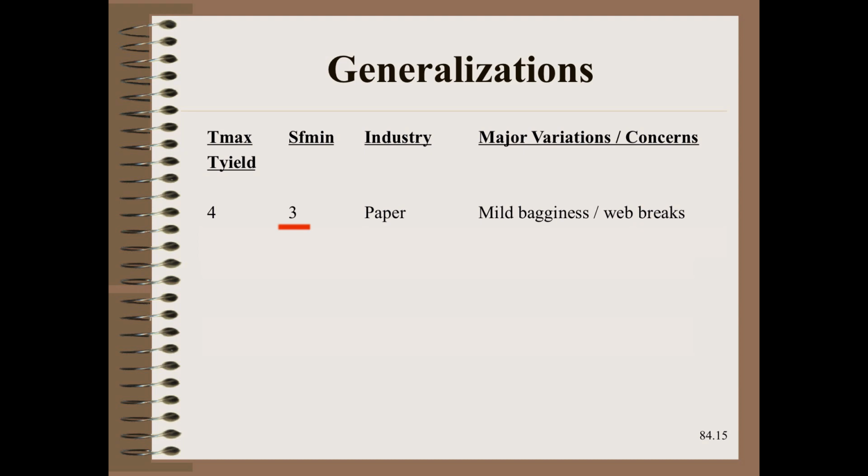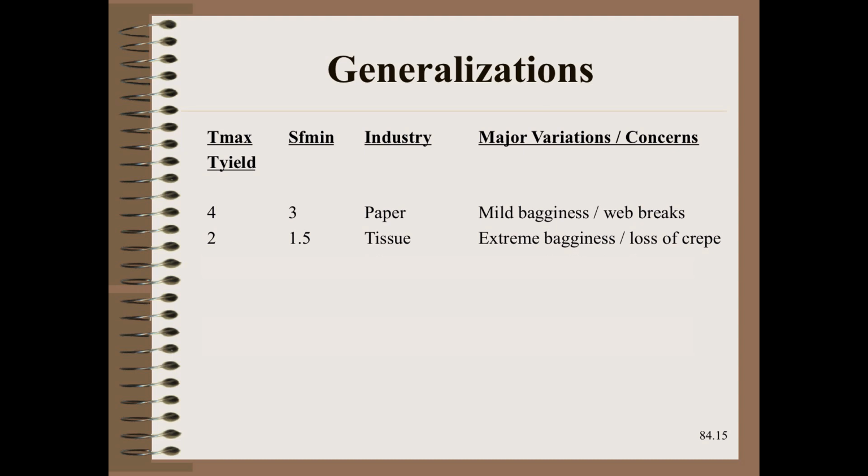Misalignment and thick web concerns are truly negligible. The concern driving this generous true safety factor in paper is to reduce the incidence of web breaks, though already quite rare, because these tension-dependent problems are costly.